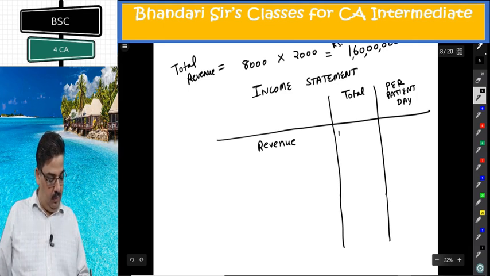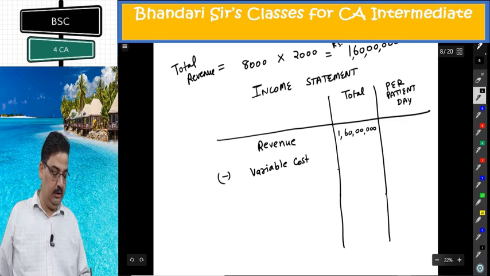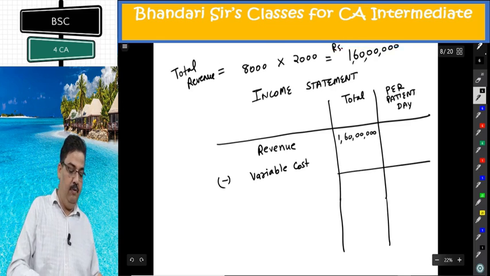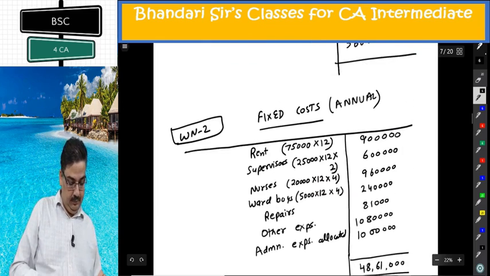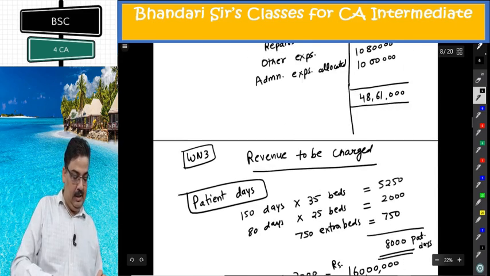Revenue 1 crore 60 lakhs minus variable cost. Variable cost I got 56 lakh 5,000.